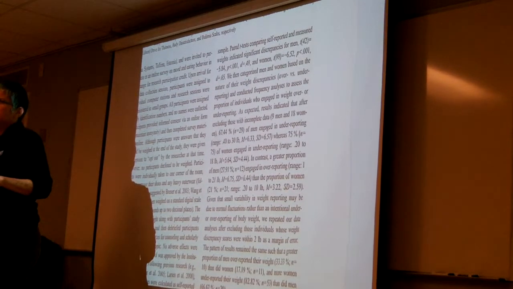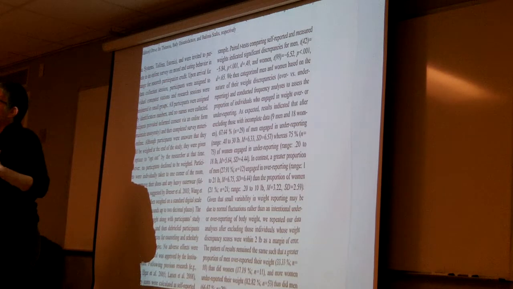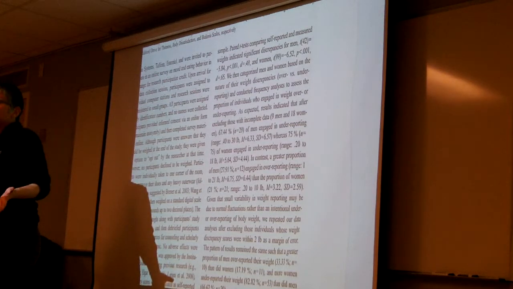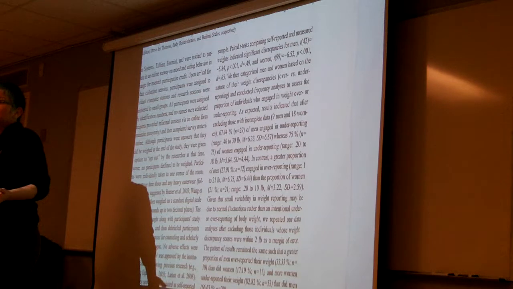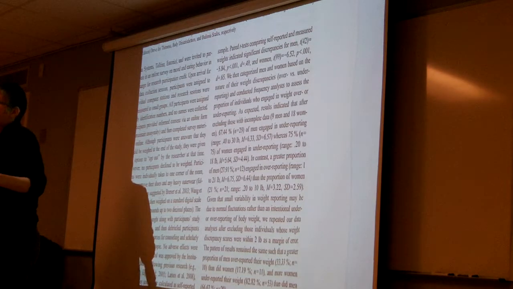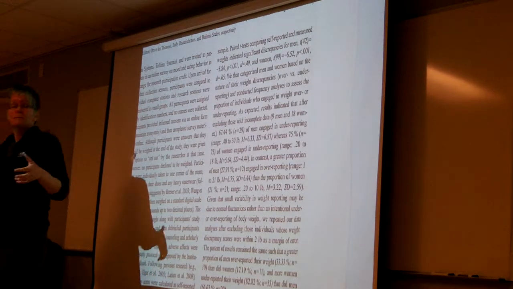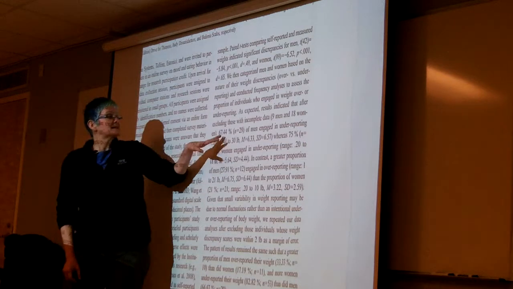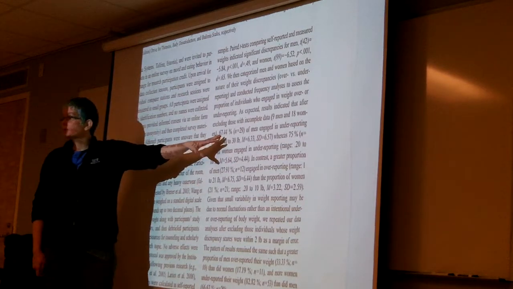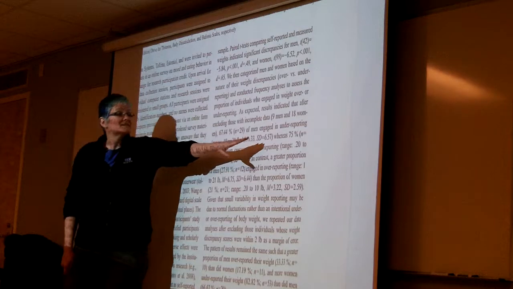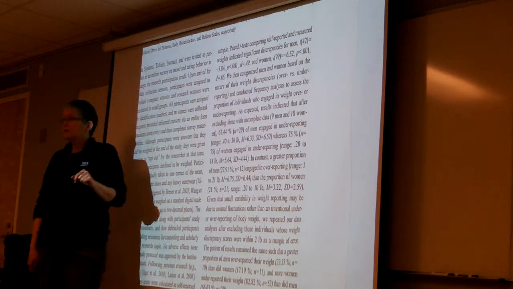Does that make sense? So for the people that they could do the calculation for, the people who had the numbers they needed to do the math, 67% of the men underreported their weight. 75% of the women underreported their weight.